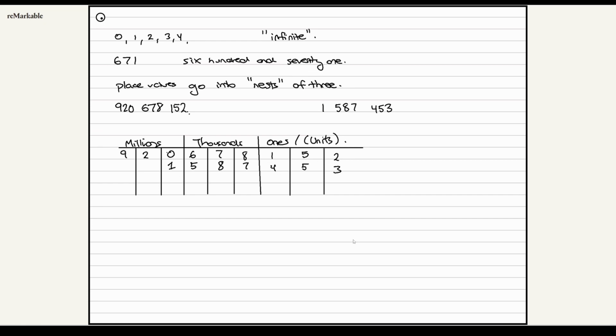So what we've got now is 1,587,453. And we don't add anything onto that one. Okay, that's great. Now we know how to say that verbally. So what if I was to ask us, what is the value of the digit 7 in this, right?